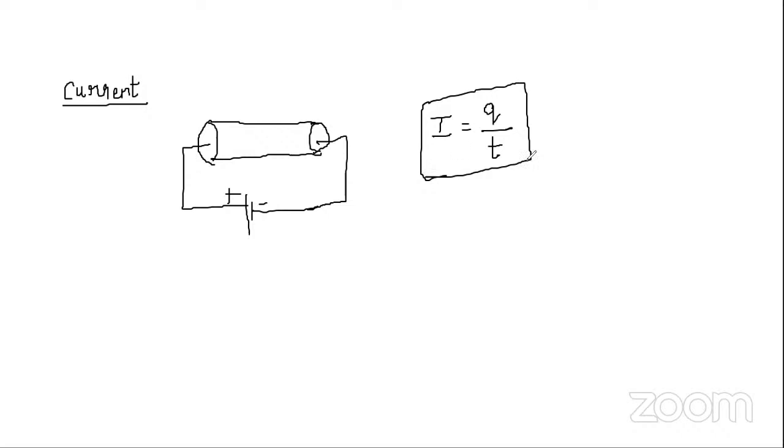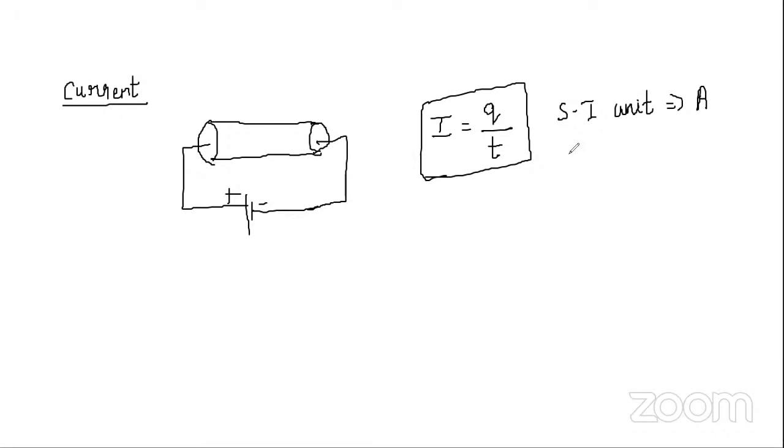The SI unit of electric current is ampere, represented by the symbol capital A. You divide the charge flowing through the conductor by the time, and then you get the electric current flowing through the conductor.